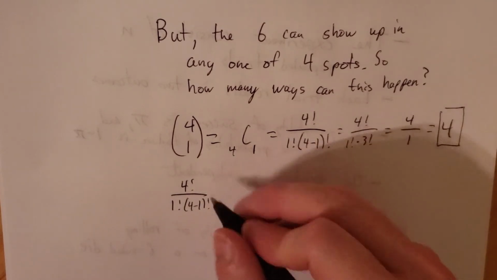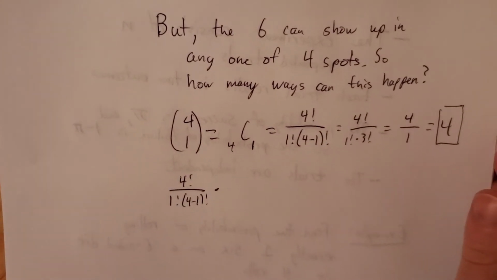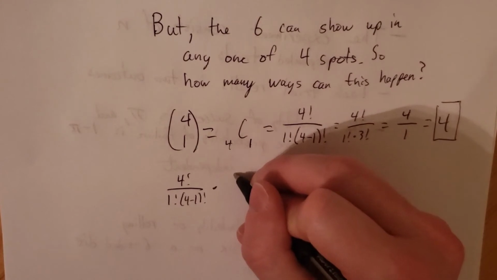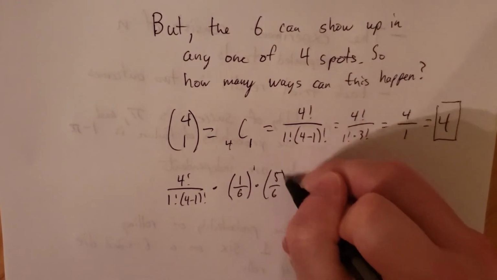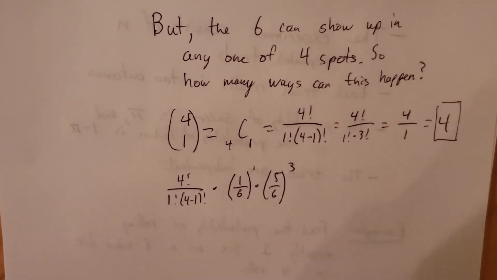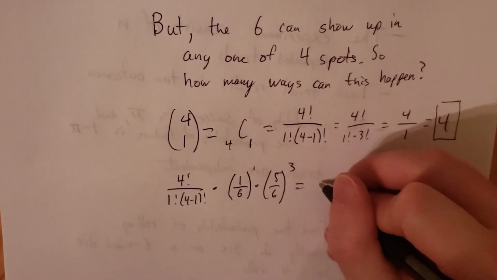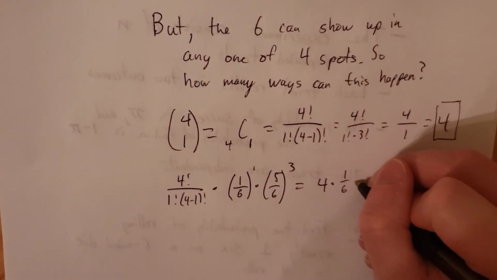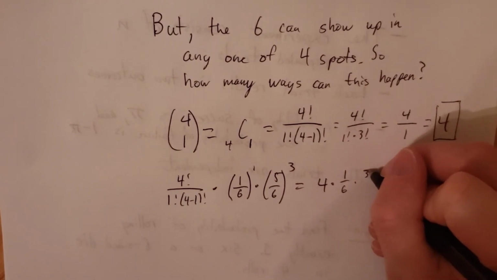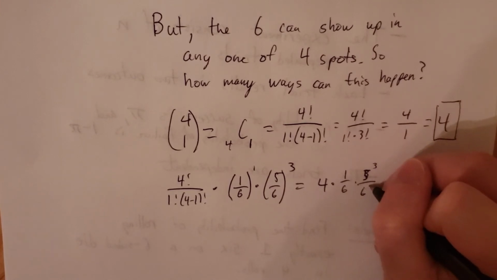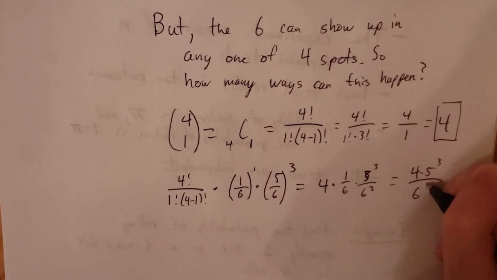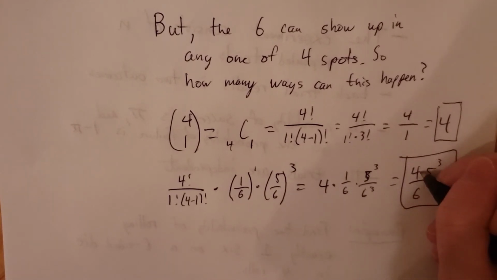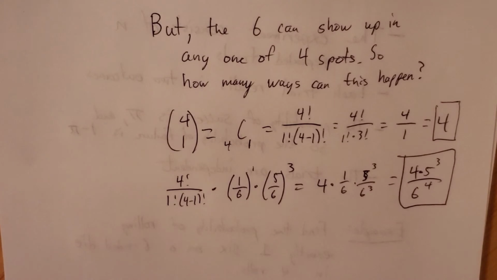This is the number of occurrences times the probability of one of those occurrences, which again was 1/6 to the first times 5/6 to the third power, which is 4 times 1/6 times 5 to the third over 6 to the third, or in other words, 4 times 5 cubed over 6 to the fourth. And that would be our probability in decimal form.